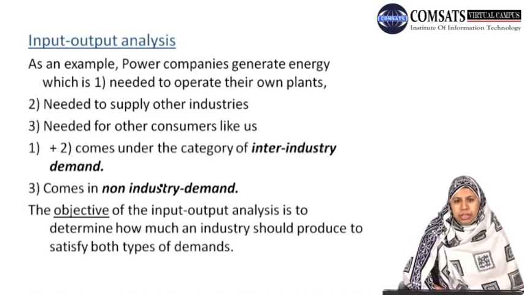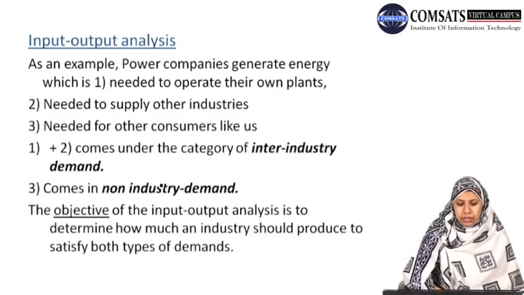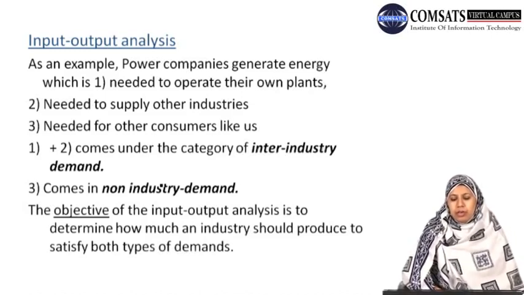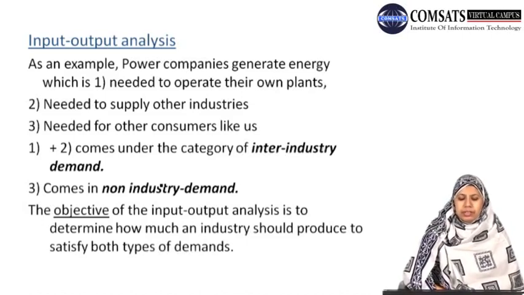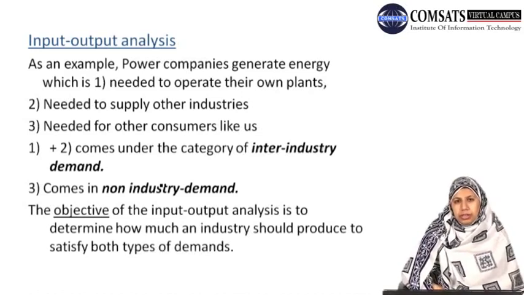Okay, now the first 2 types of demands are for the industry, so they come under the category of inter-industry demand. The third type of demand, that is the need for other consumers, comes in the category of non-industry demand.